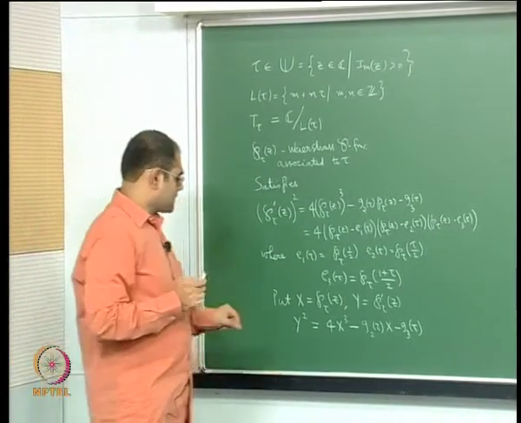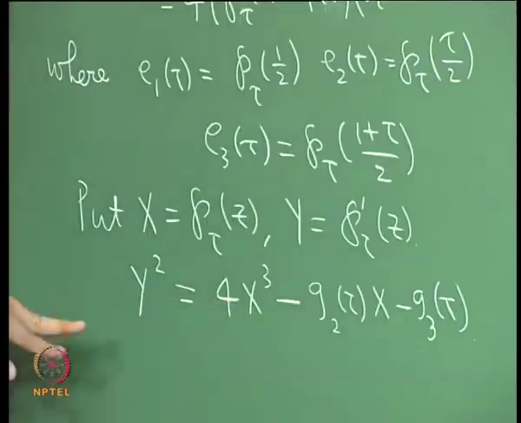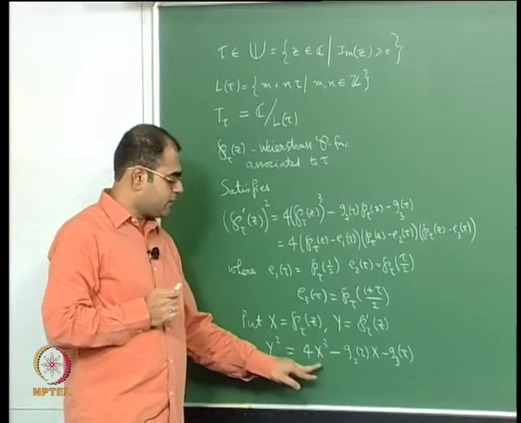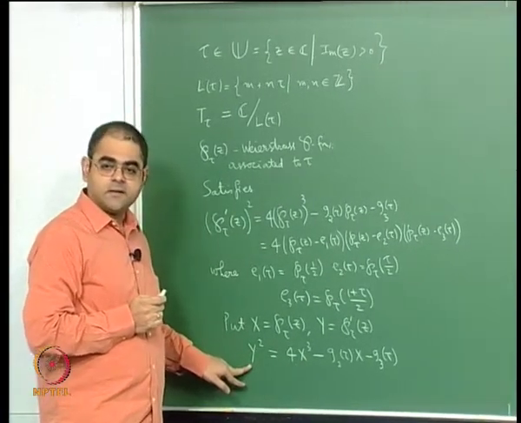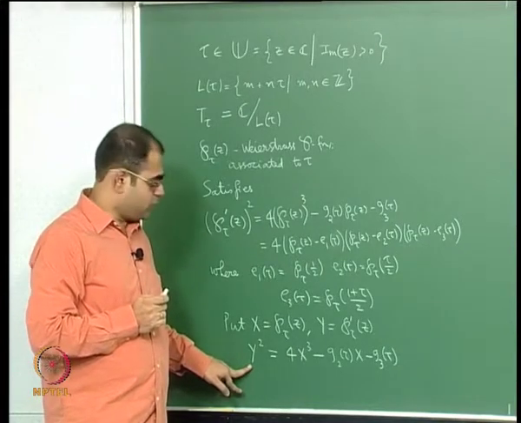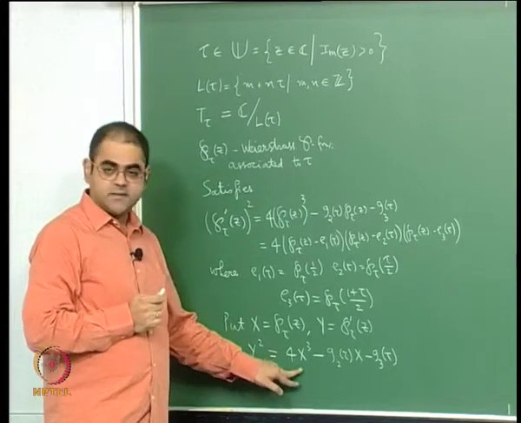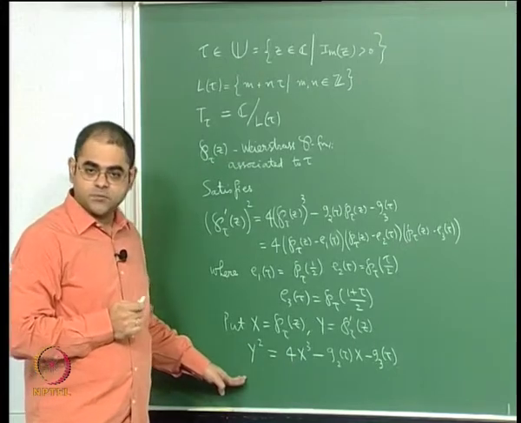This is a polynomial in two variables x and y, and therefore you can look at ordered pairs in C2, which is C cross C, Cartesian product of C with itself, which satisfy this equation. So you are looking at the zeros of this polynomial in C2, okay.